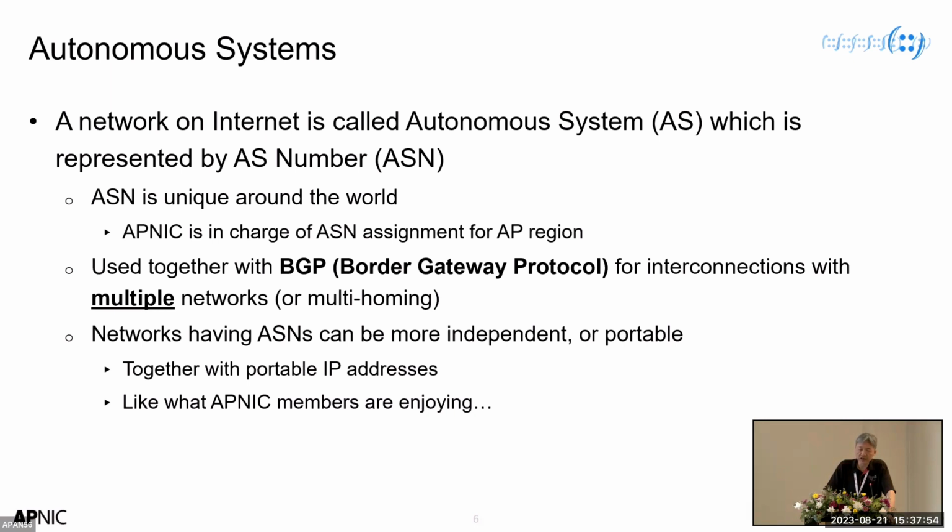And also with that, you can do multi-homing. You can connect to different networks for transit purposes or for peering purposes. I'll talk more about that. Of course, you also need portable IP addresses, because if you get your IP addresses from your ISP, you may not be able to use them for other interconnection purposes, because your ISP may not allow you to do so.